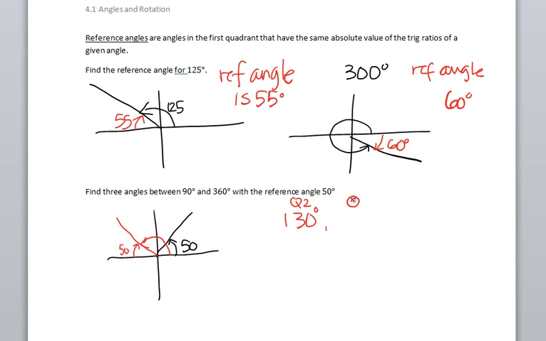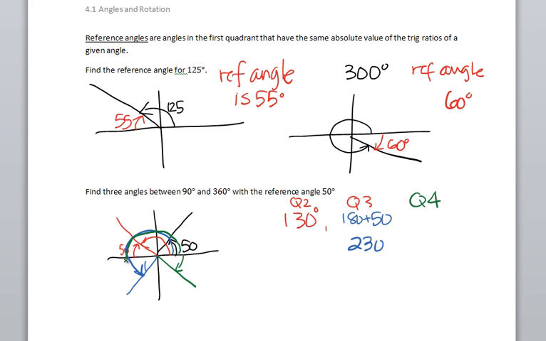Well, in Q3, what we're looking for is, okay, I'm going to go down here so that this is still 50 degrees. So I'm going to go to here, and so that's 180 plus 50, which is what, 230? Alright, so similarly in Q4, I want to go here so that this right here is 50 degrees.